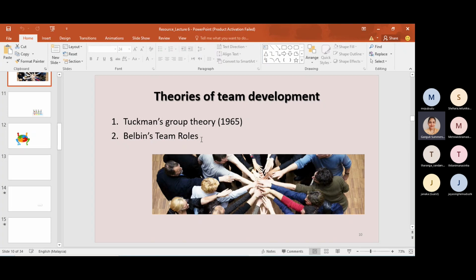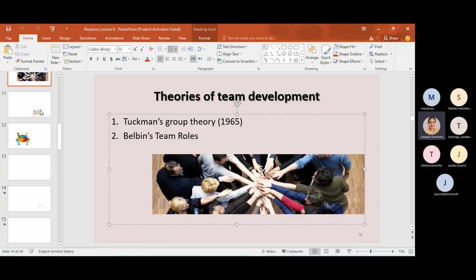These are not the only two theories; we are just going to focus on two of them. The theories we will be talking about are Tuckman's group theory, made in 1965, and Belbin's team roles. First of all, we'll talk about Tuckman's group theory.